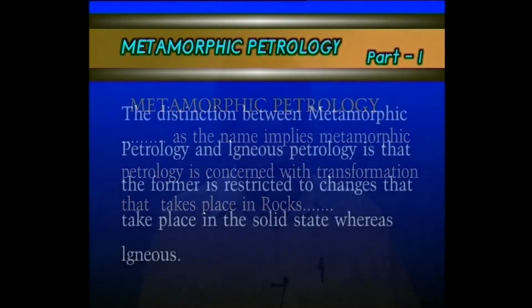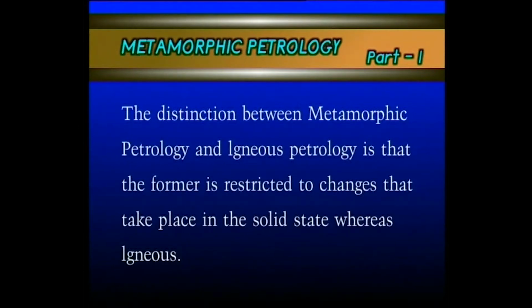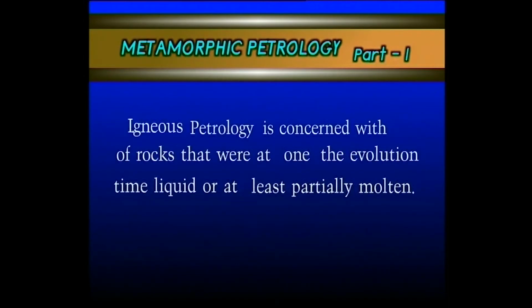The distinction between metamorphic petrology and igneous petrology is that the former is restricted to changes that take place in the solid state, whereas igneous petrology is concerned with the evolution of rocks that were at one time liquid or at least partially molten.